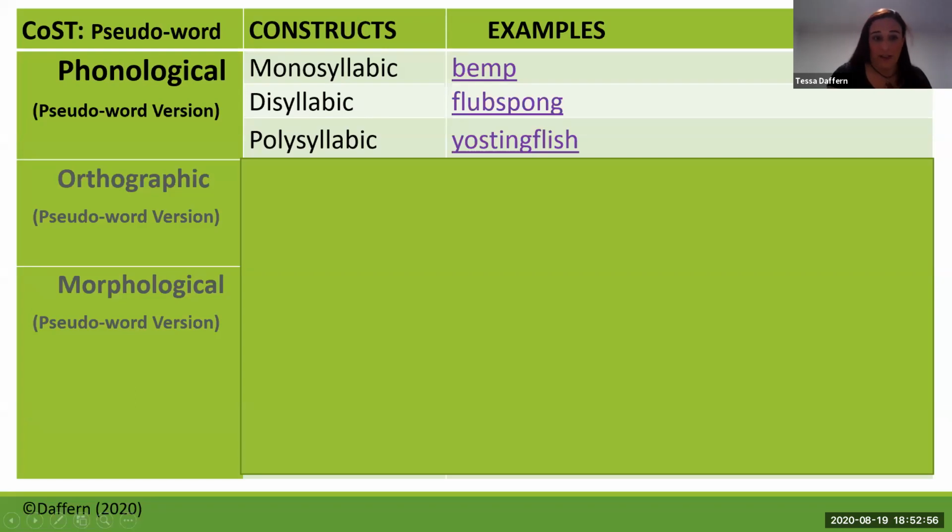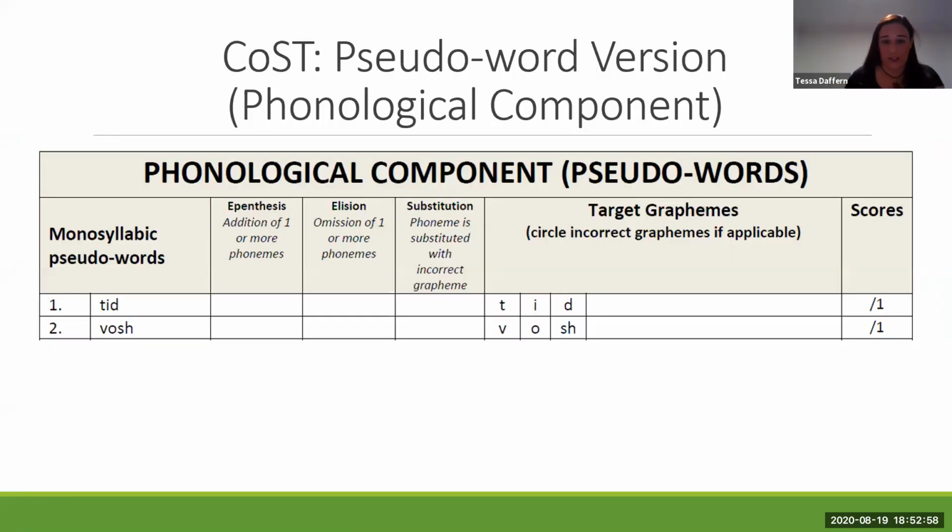Anyway, the phonological component of the test also has an opportunity for teachers to do some further analysis, looking at whether, if there is a spelling error, say in the word tid, if they misspell the word, is it that there's an epenthesis, which is where the spelling results in the addition of an extra phoneme in the word?